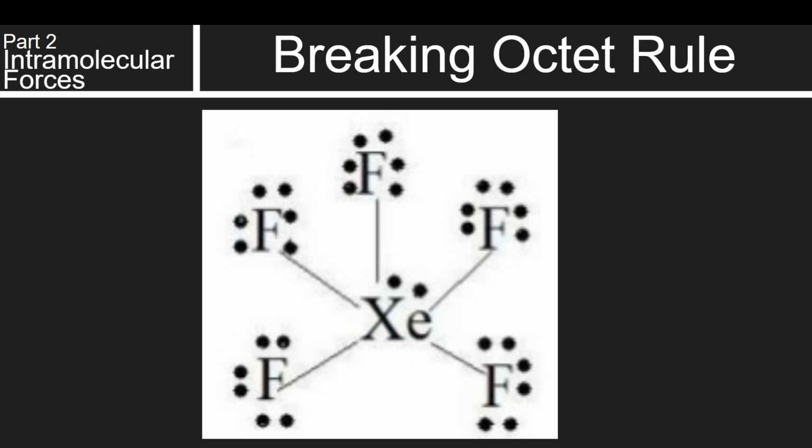Why this happens? There's just more electrons than it knows what to do with, but it is a reaction that happens. These are just things that happen sometimes because it's science and it's nature, and things are never as pretty as we would like them to be all the time. So this is just a reality that we have to face sometimes.